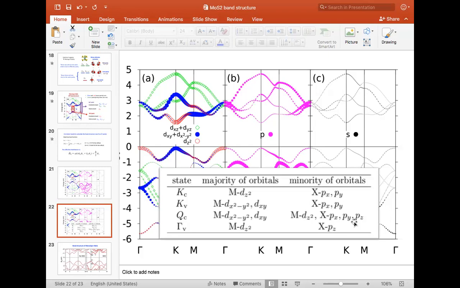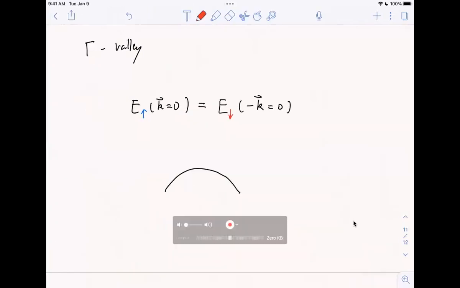And of course, this negative K is also 0. So in the gamma valley, you always have this spin degeneracy. So the gamma valley will be. You switch to that. Sorry. Okay, gamma valley.